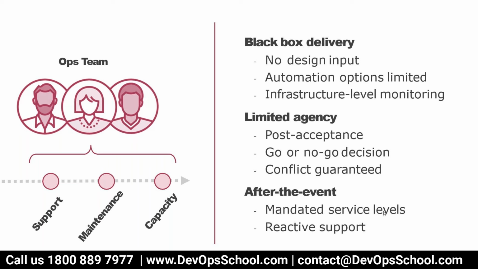If you have an error, you decide go or no go, and definitely we get lots of conflicts between the teams. And after the event, again some service level is decided, and then you have to support it, and that is reactive support. Reactive support means once the problem is there, only then can you take action. Before that, you will not take any action.